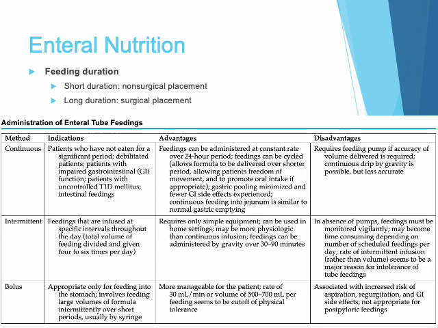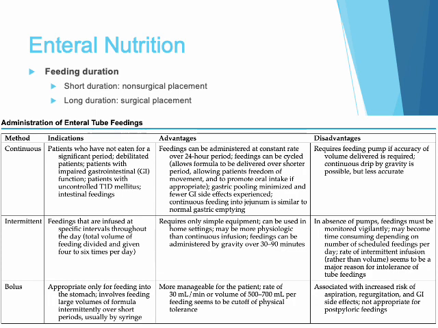Methods are continuous, intermittent, or bolus type feedings, and you would use a continuous tube feeding for patients that have not eaten for significant periods of time, or patients that have impaired GI function or uncontrolled type 1 diabetes.